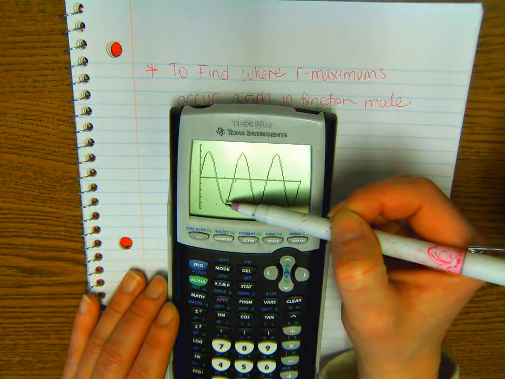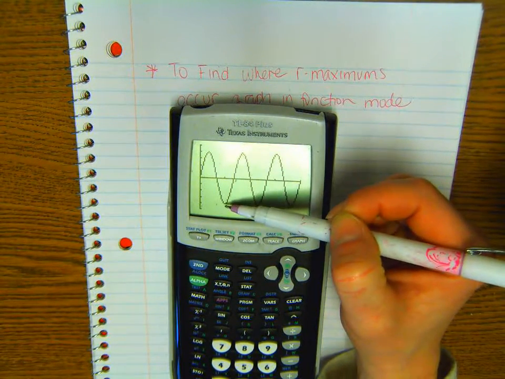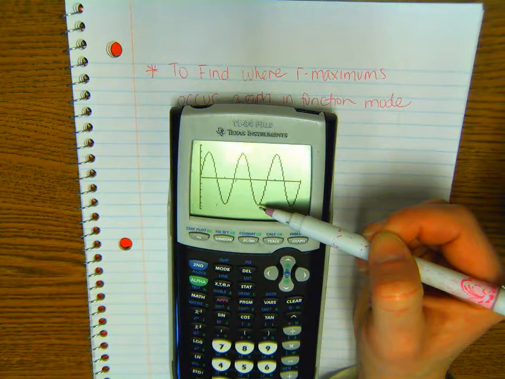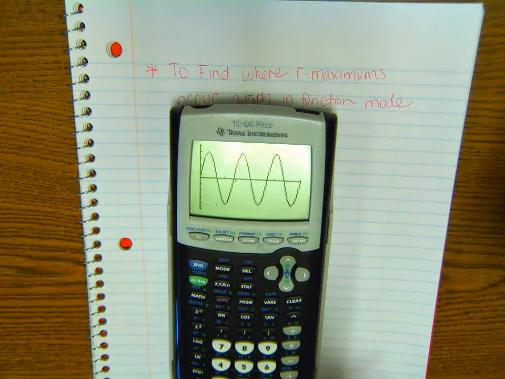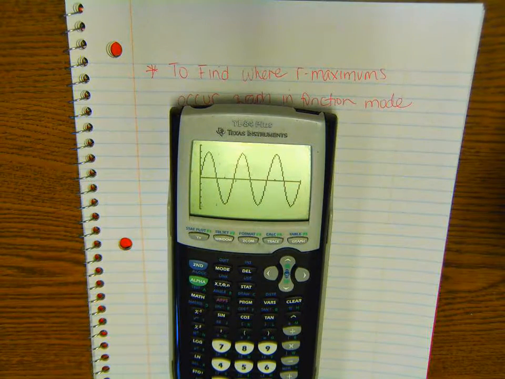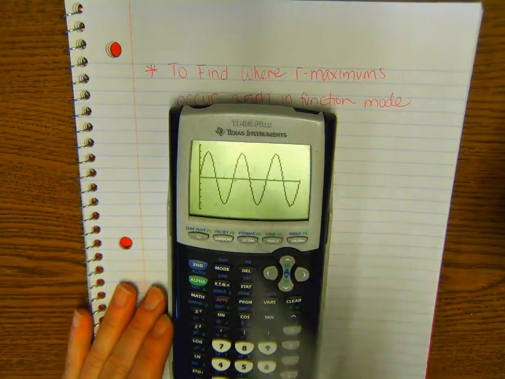And then this is another one. And this, and this, and this, and this. Actually, what happens is it hits it, and then it hits it again. So the first three, those are the R-max values.